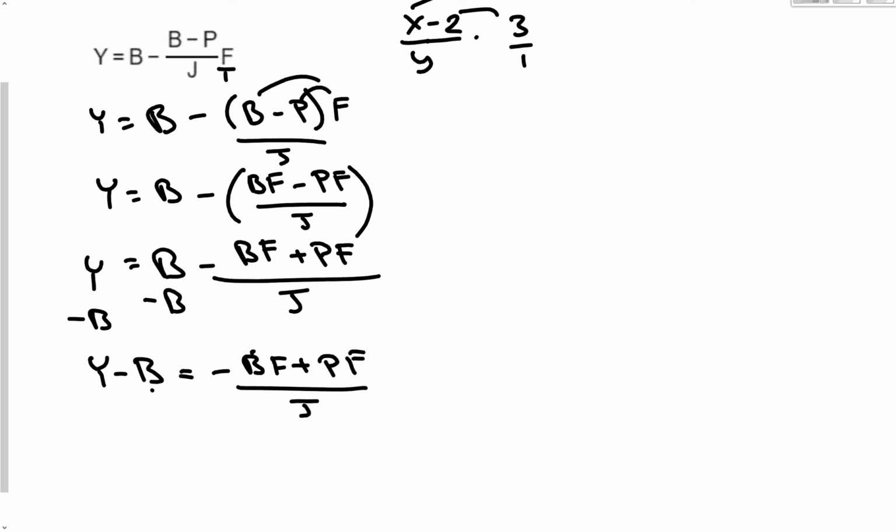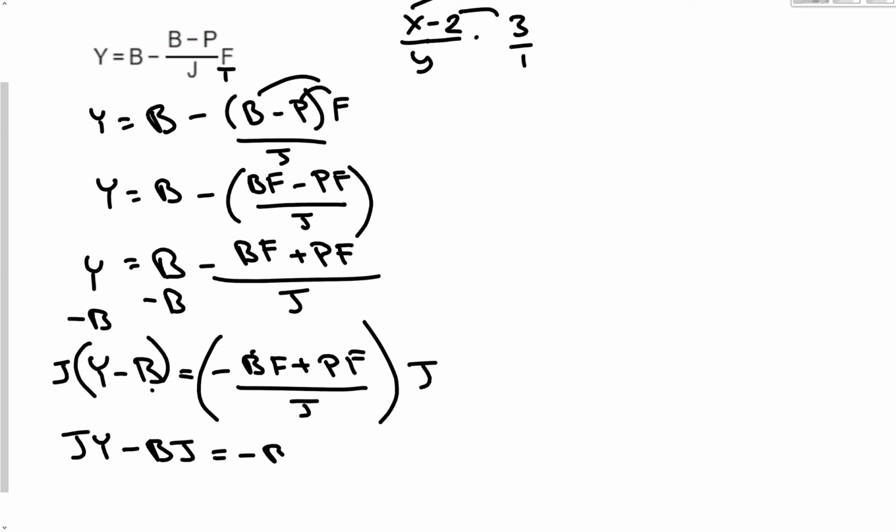I have a b over here, which is not so good, so I want to isolate that. So in order to do that, let me multiply everything by j to get rid of this fraction. It's always better to get rid of fractions if you can. Again, I have to distribute: jy minus bj is equal to negative bf plus pf.